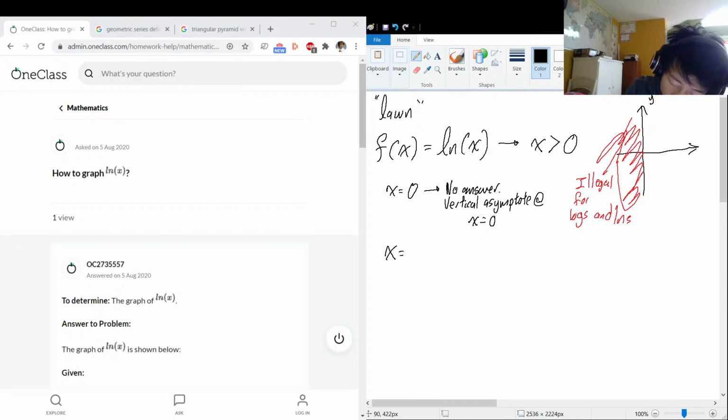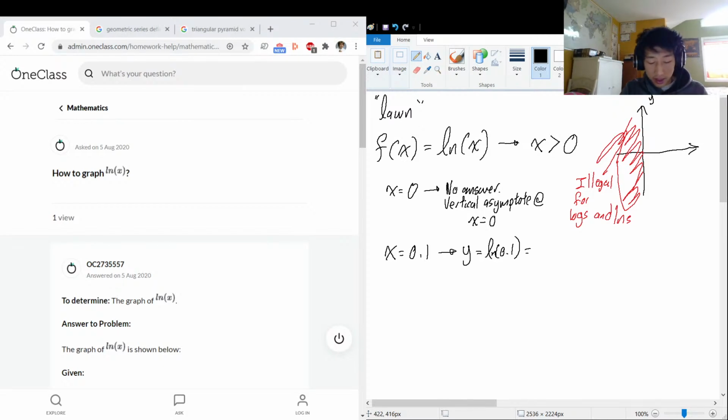Okay, let's say x equals 0.1. y is going to be a natural logarithm of 0.1.